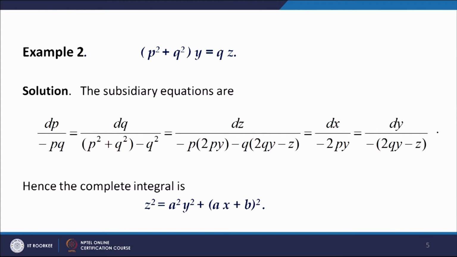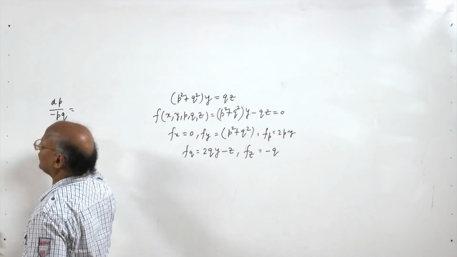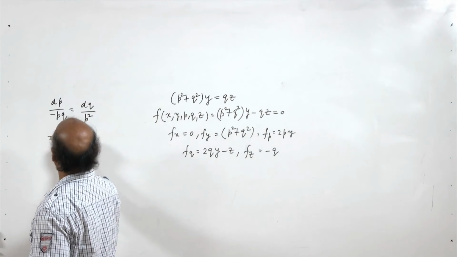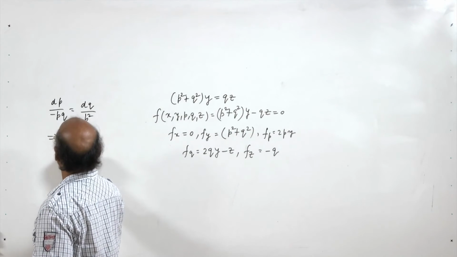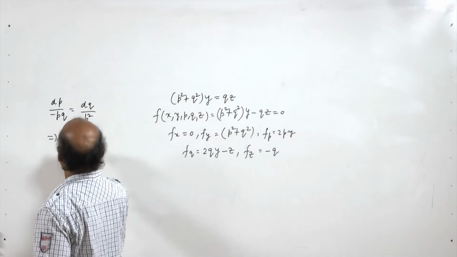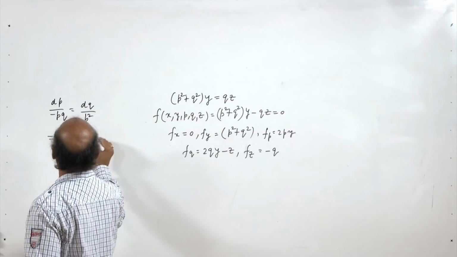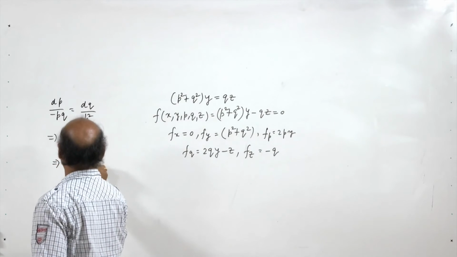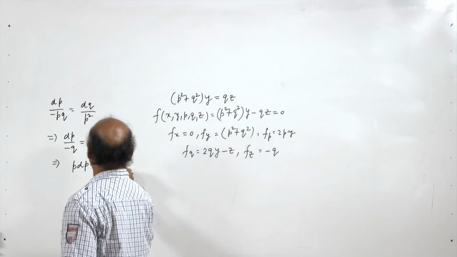Now we can look at the first relation: dp over minus pq equal to dq over p square plus q square minus q square, so this is dq over p square. From this we can see that dp over minus q equal to dq over p, or we can say p dp plus q dq is equal to 0.